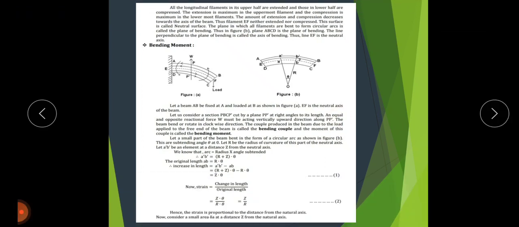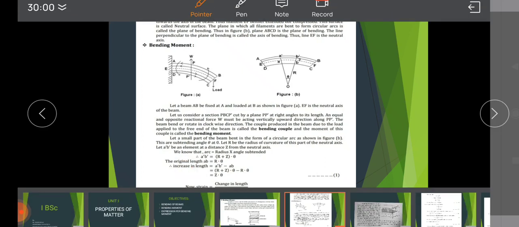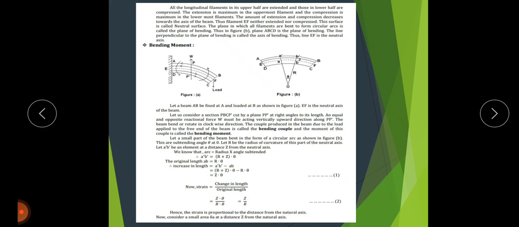We know that strain can be written as change in length to the original length. The change in length is the increase in length, that is z into theta, divided by the original length of the filament, that is R into theta.